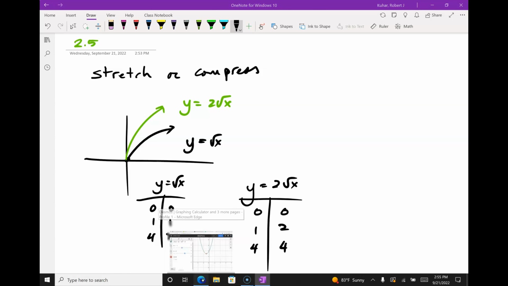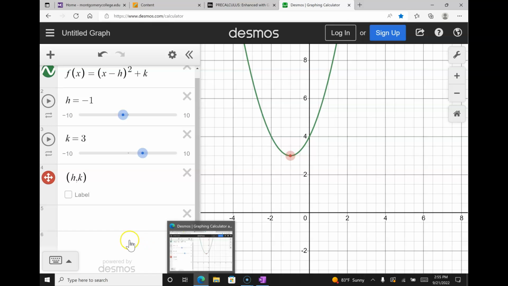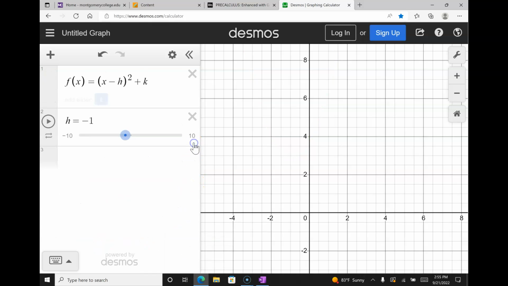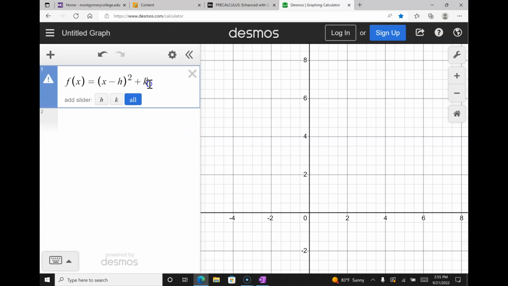So I want to create my function with a slider. I'll use a. So a square roots of x.